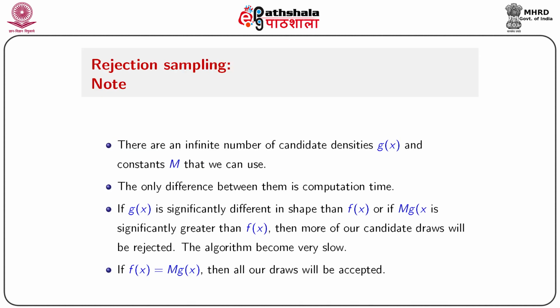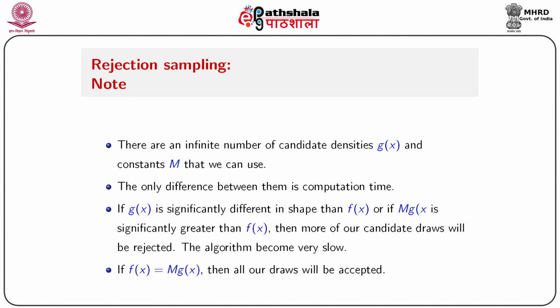A few notes for rejection sampling. There are an infinite number of candidate densities g(x) and constants m we can use. The only difference between them is computation time. If g(x) is significantly different in shape from f(x), and if m g(x) is significantly greater than f(x), then more of our candidate draws will be rejected.